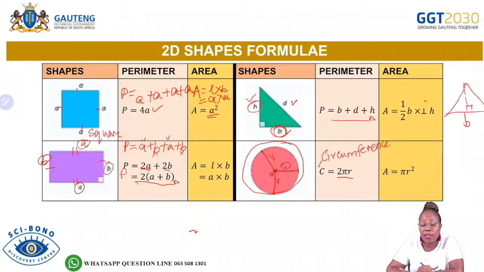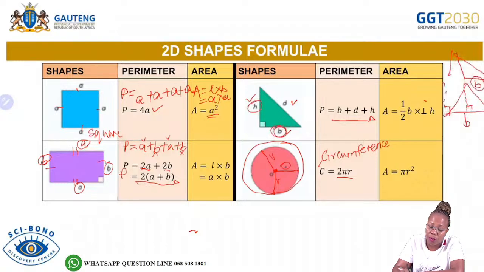Sometimes it can be a slanted triangle, like one drawn in this format. We can't take a height along a side there, but the base will still be that one, and the height will be the one that is perpendicular. It must always be a perpendicular height. It doesn't matter the type of triangle you have, okay?